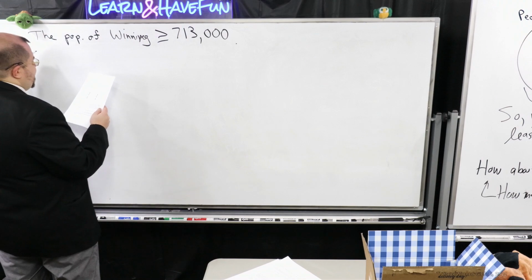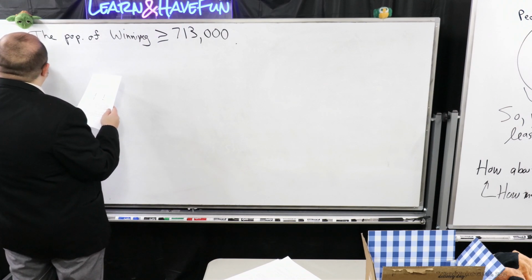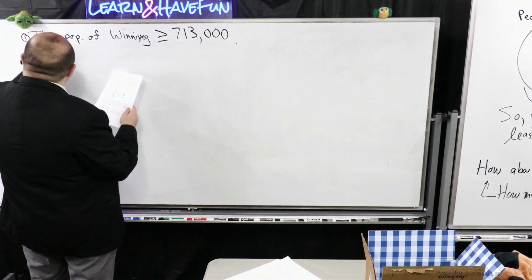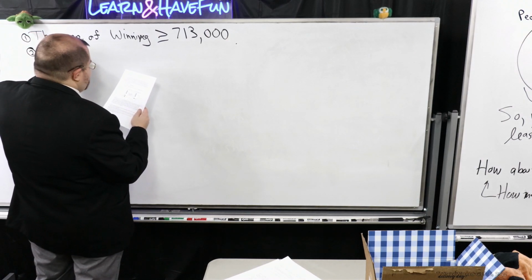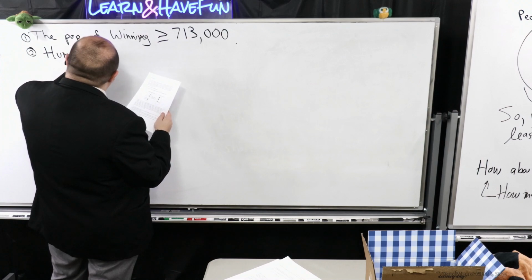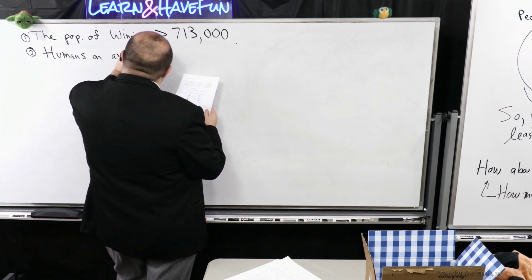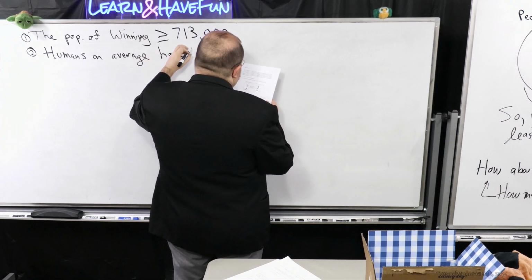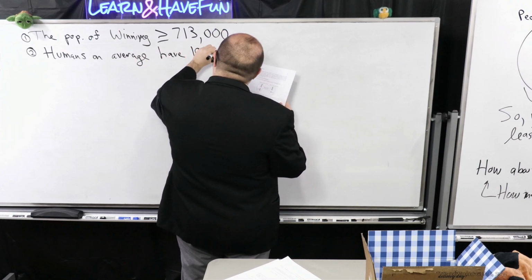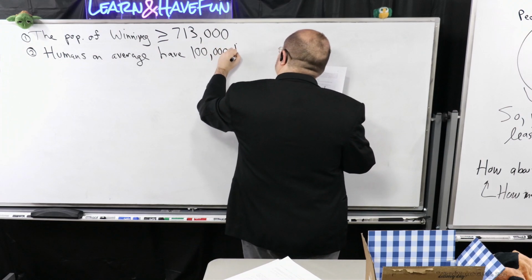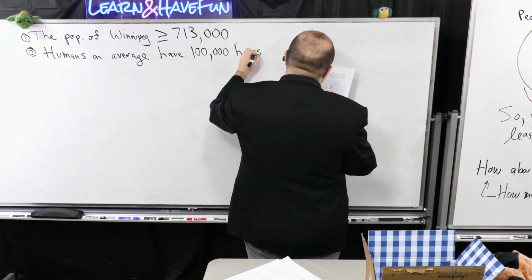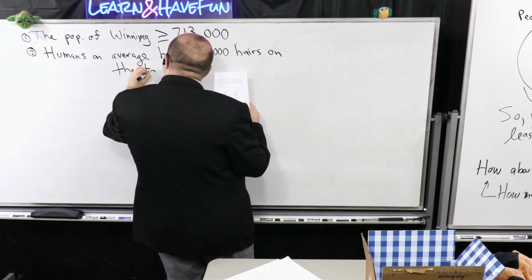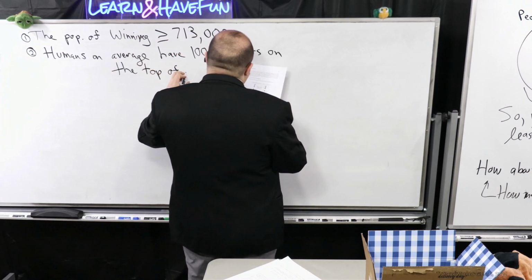So this is just fact 1. Fact 2 is that humans on average have 100,000 hairs on the top of their head.